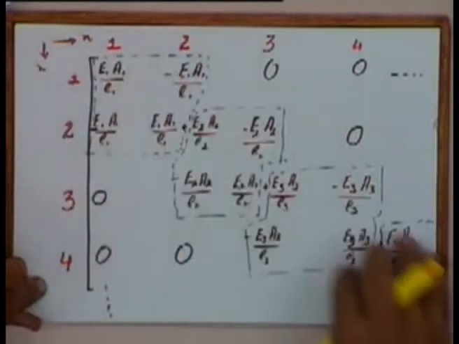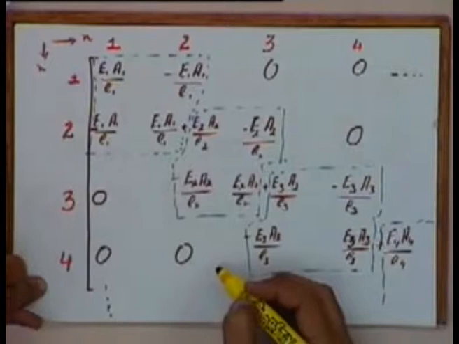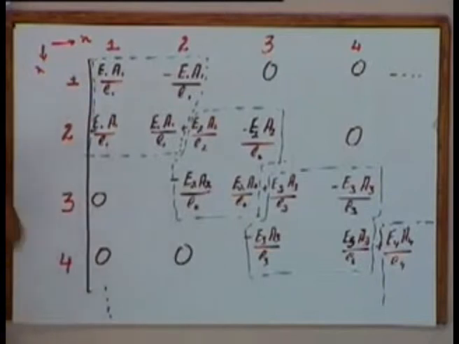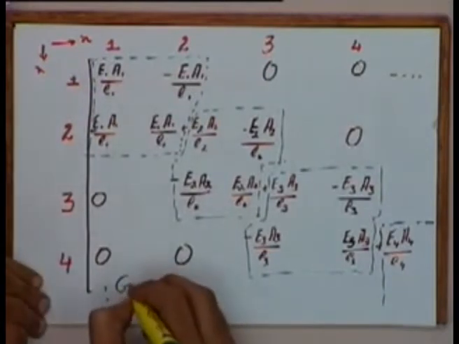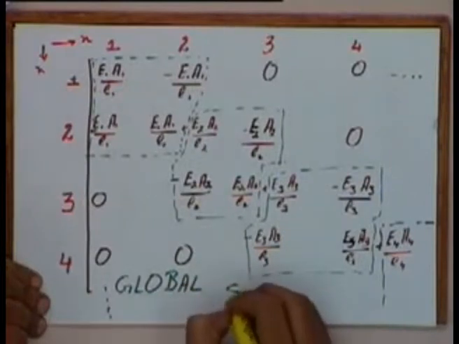This way I will fill up all these elements, and the remaining places will get a 0. And this matrix is what we will call the global stiffness matrix.